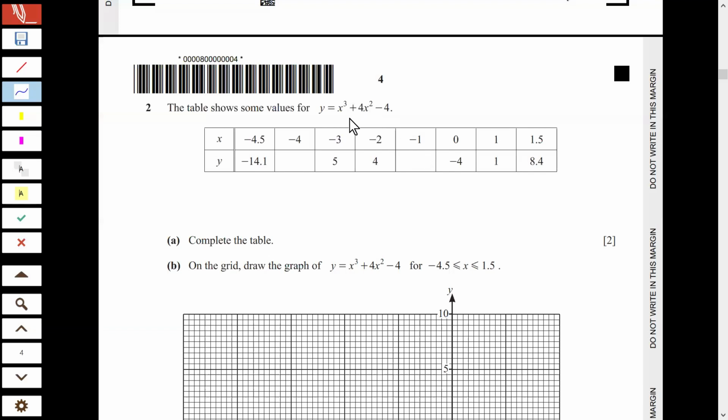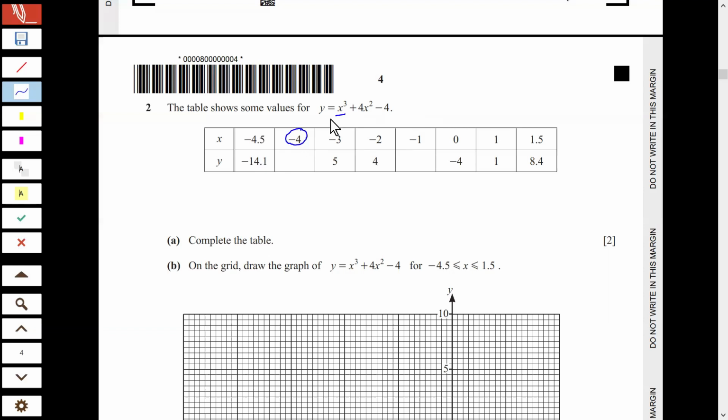To complete this, you have to go back to the original equation, y equal to x to the power of 3 plus 4x squared minus 4. To find the y value, I will substitute the value of x, which is -4, into the equation.